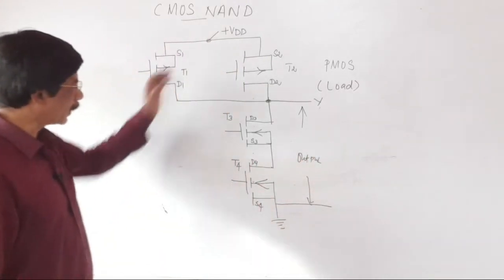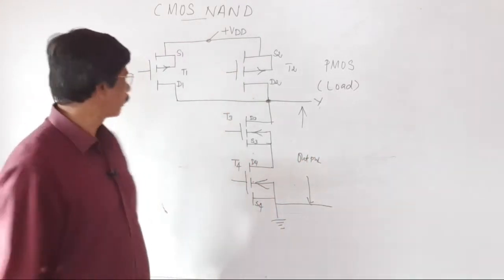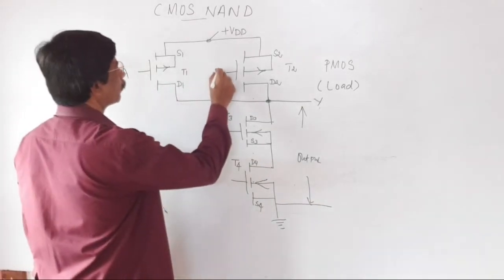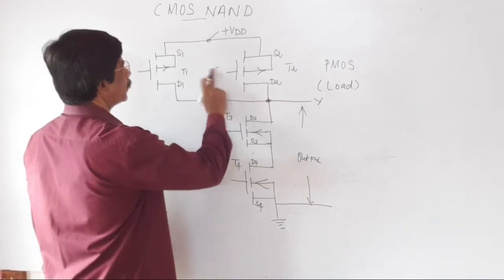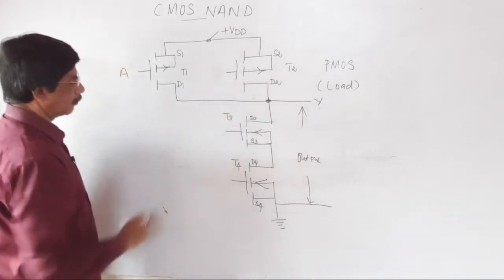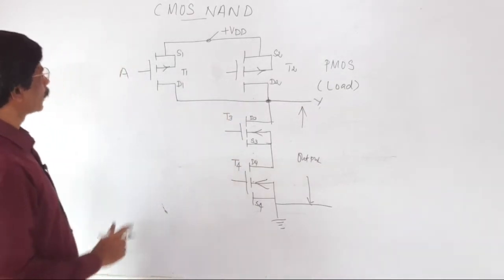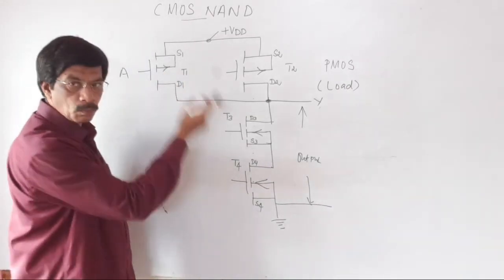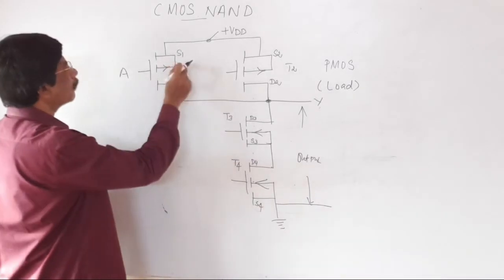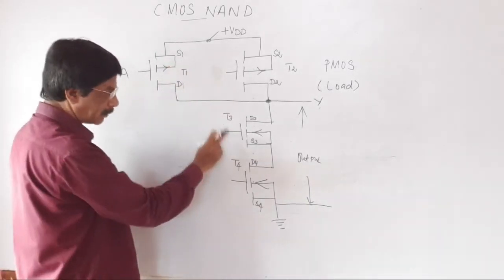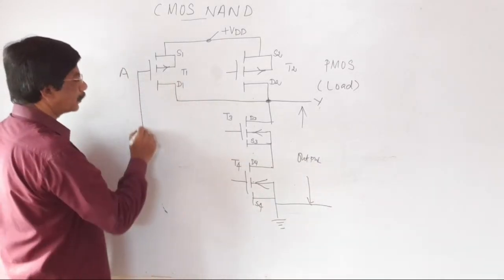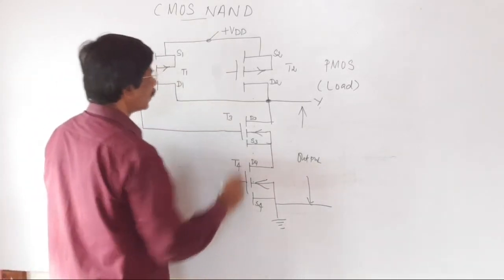And then there is an interconnection between the gate terminals. This is A. Let us see which one is B. The gate terminal of transistor T1 and the gate terminal of transistor T3 are both interconnected.